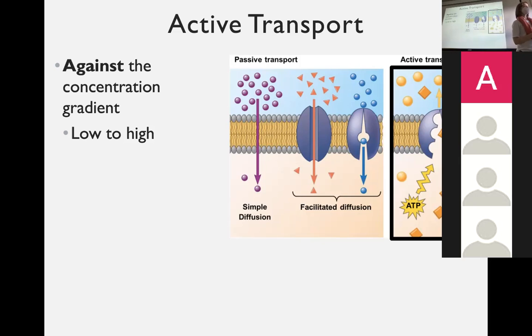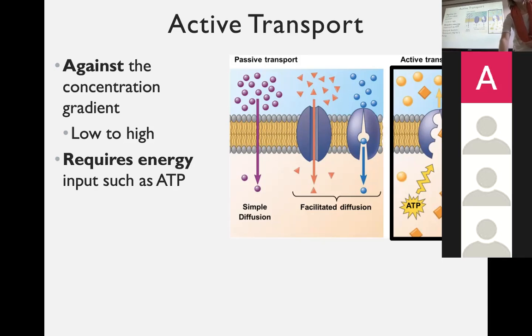They need a little bit of help. So it requires energy. We're just going to assume all energy is ATP. It's not necessarily the case, but ATP is the main source of energy. So it's going to require energy or ATP. Those will be interchangeable for us, energy and ATP, same thing.